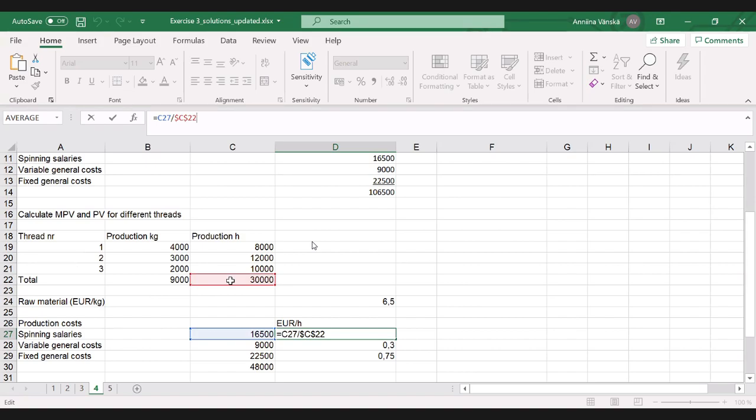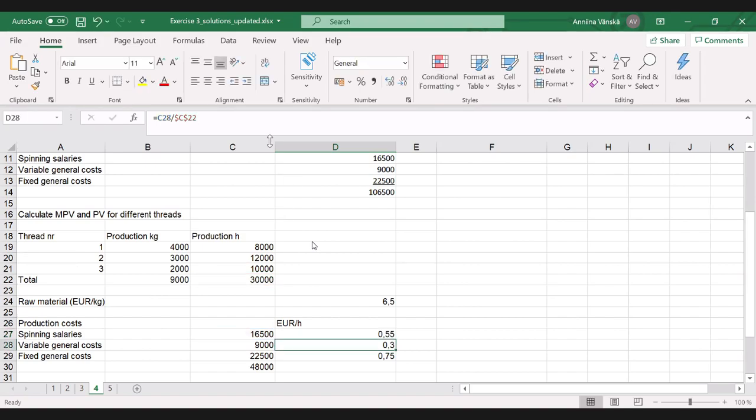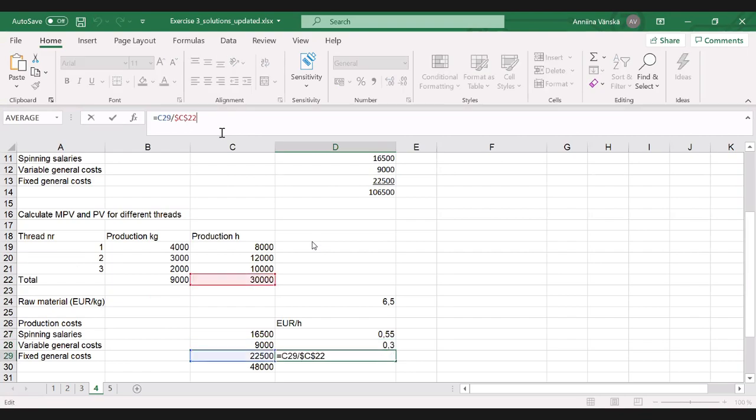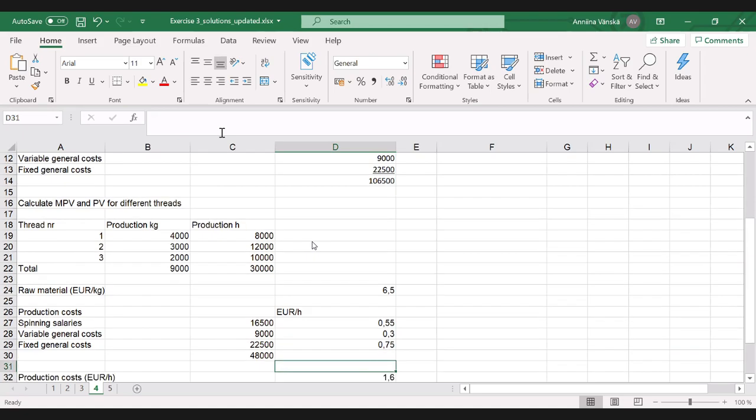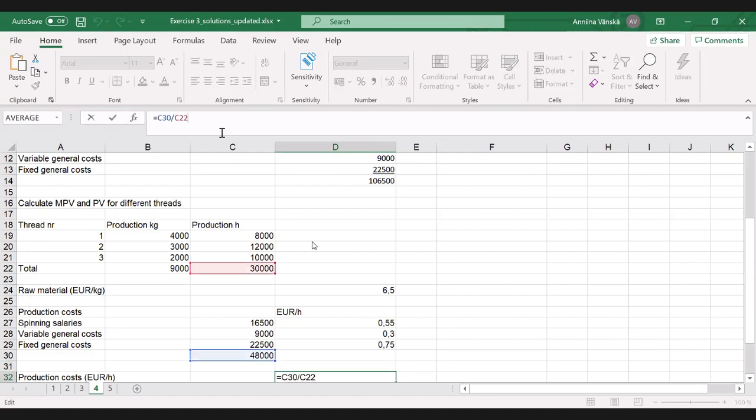So divided by the 30,000 hours. Same thing for all of the different cost items. So far, kind of straightforward. Production cost. We knew all the costs together, and then we knew the total hours for the production.